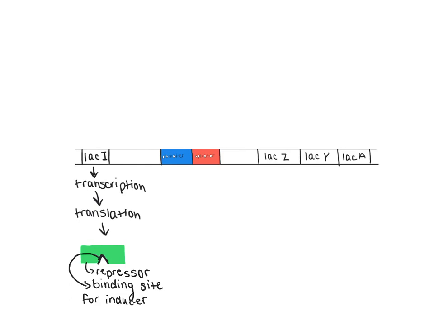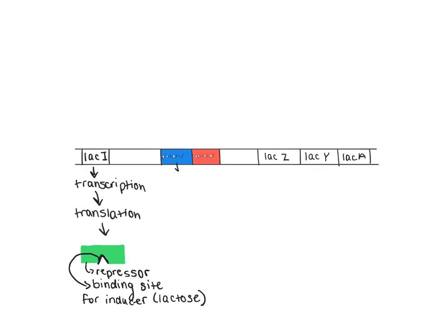It has this special binding spot there, and that something is going to be the lactose. So if the lactose is present, it will be able to bind onto the repressor and change whether or not the Lac Operon can be expressed.